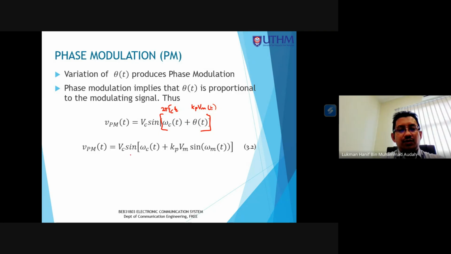So it looks like the equation below: Vc sine(2 pi fc t plus Kp Vm sine 2 pi fm t). So this is the general equation for a phase modulation signal.